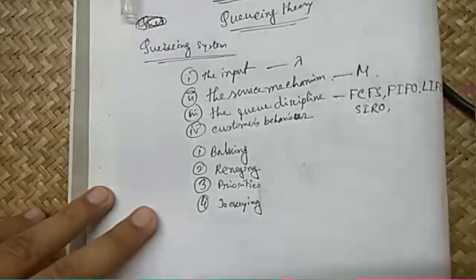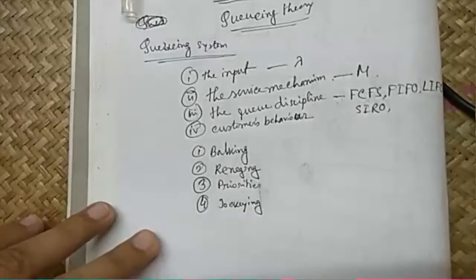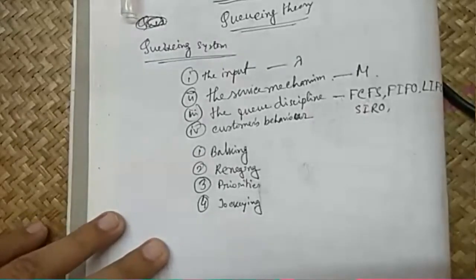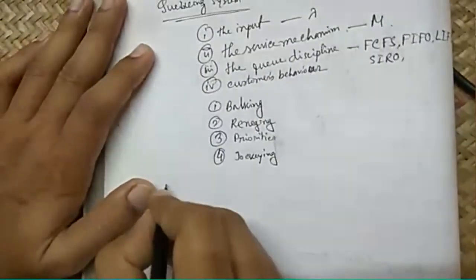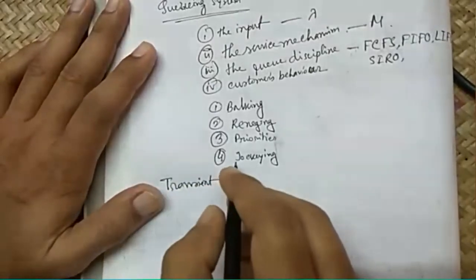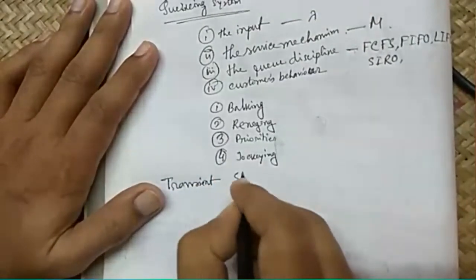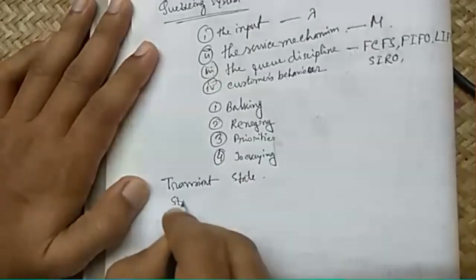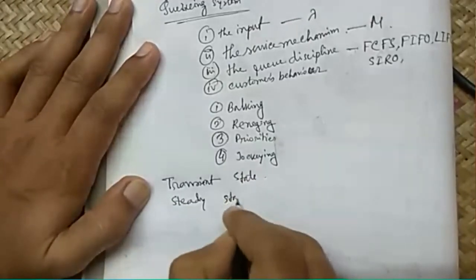Now there are two states of a system, which are called the transient state, and the second one is the steady state.